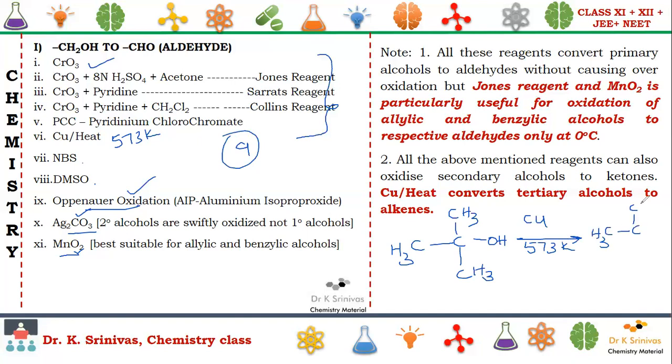What we are seeing exactly is the removal of one hydrogen from here and the OH group here, plus H2. That is nothing but converting tertiary alcohols into alkenes.